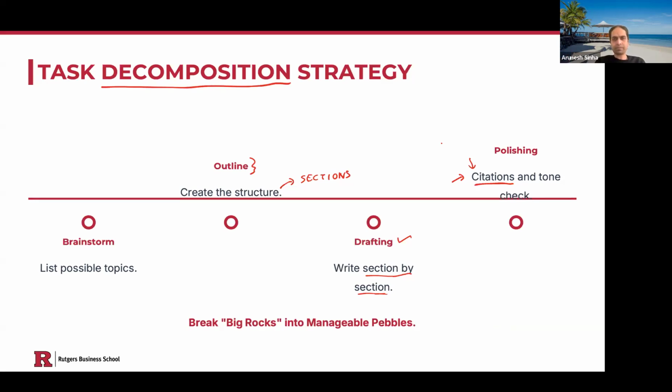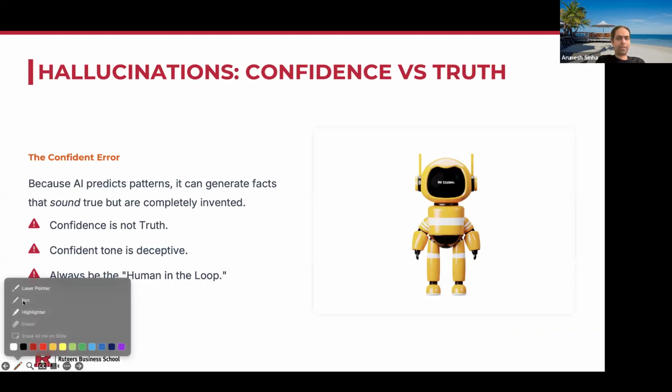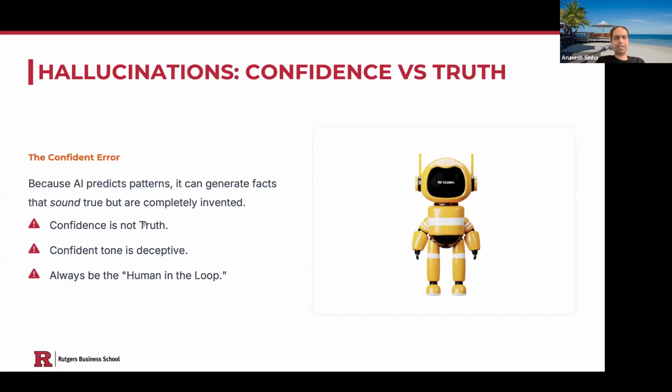Now, hallucinations, everybody should have heard of this term. It really means that the LLM can produce output that sounds true but is completely invented. It's not correct in some sense. Of course, sounding true and sounding confident does not mean that it is true.